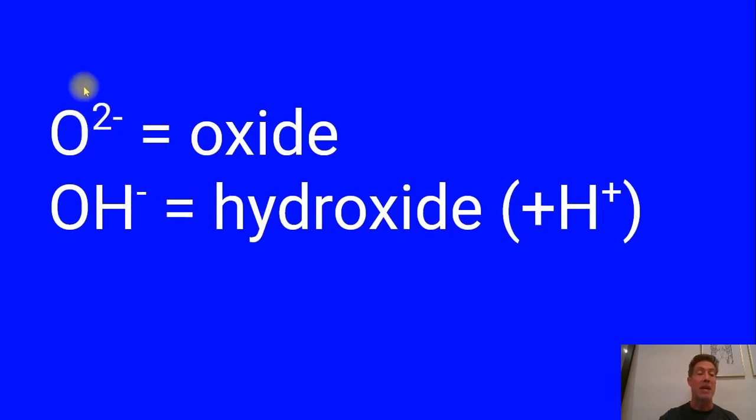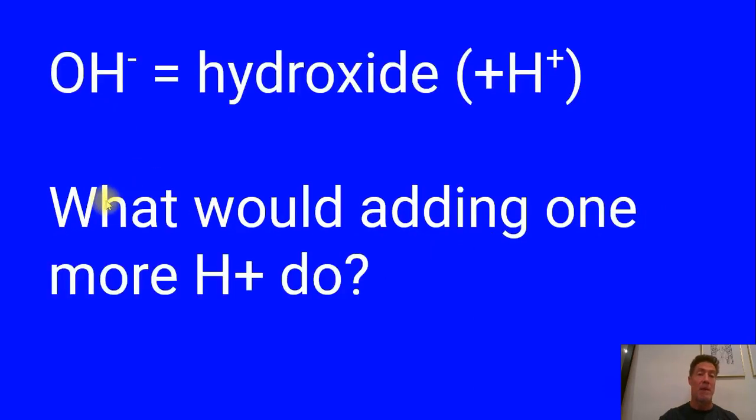So again, if you can remember the -2 on oxygen, you should be able to remember that this drops to a -1 because we've added a +1. What would adding one more H do? It would make it water, which does act as an acid. So that's kind of interesting. We don't call water an acid, but it does function as an acid.